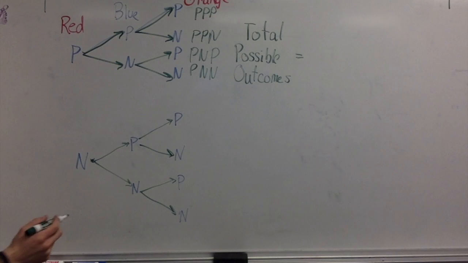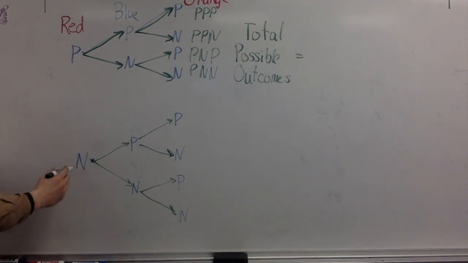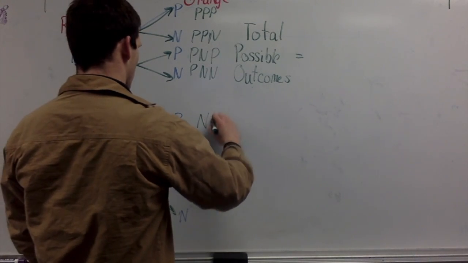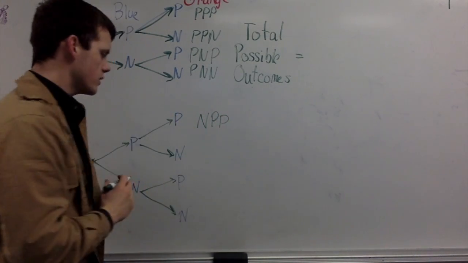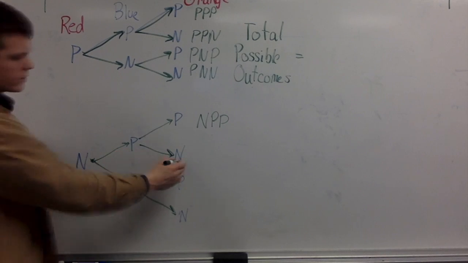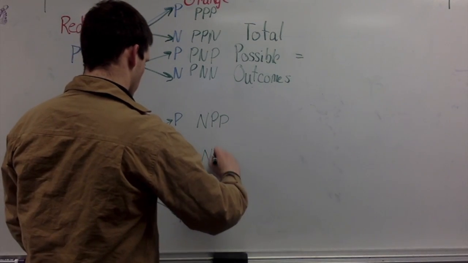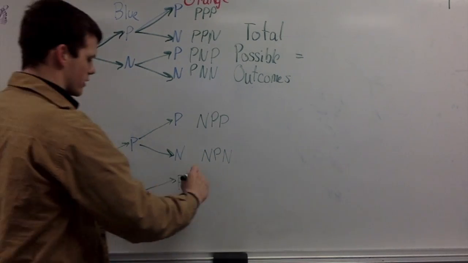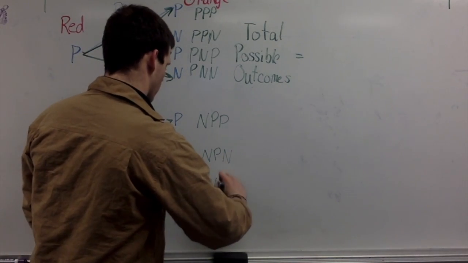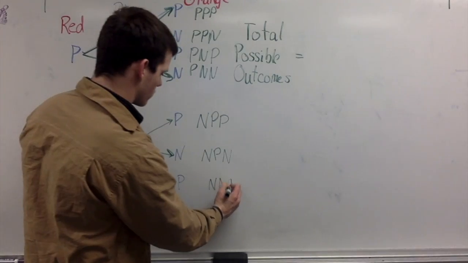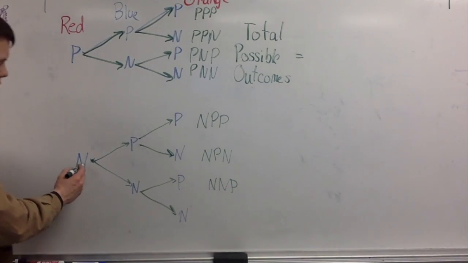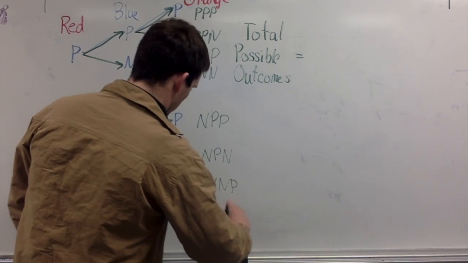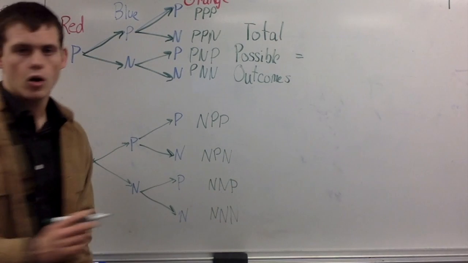Now we go back down to the one I read was no prize, prize, prize, no prize, prize, no prize, no prize, no prize, prize, and for the last one, no prize, and no prize. You go home empty-handed.